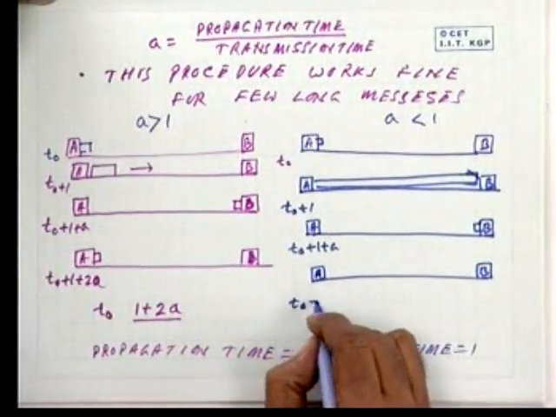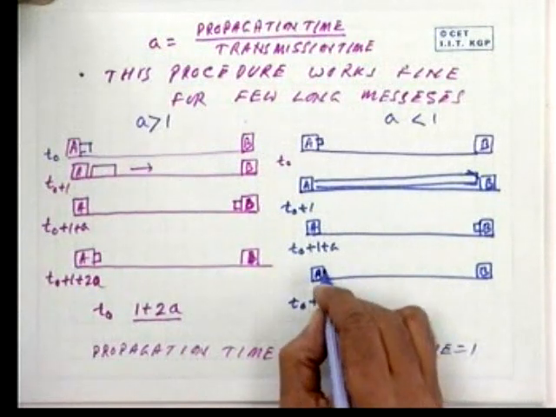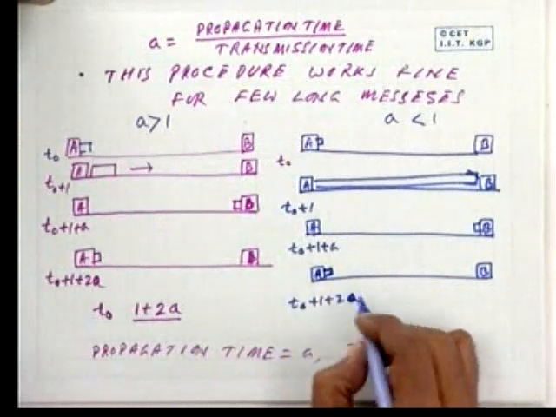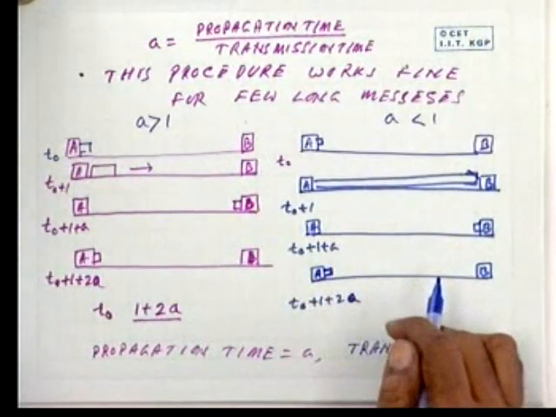So at time t0 plus 1 plus 2a, A receives the acknowledgement. So this is how it continues.